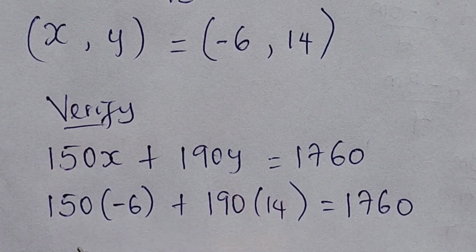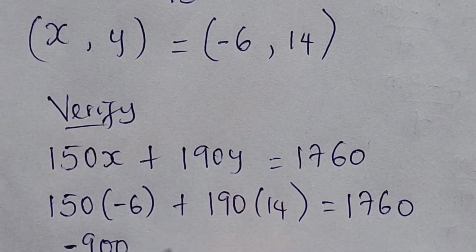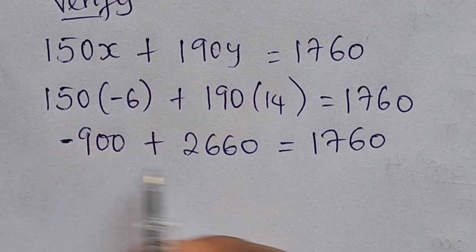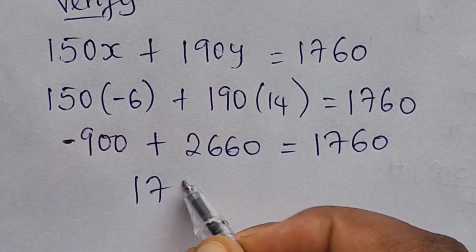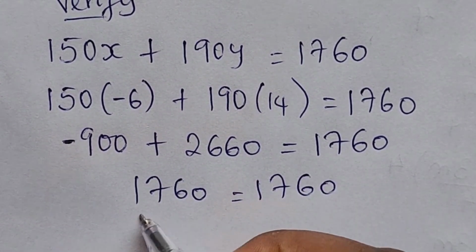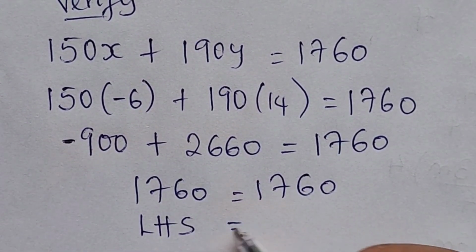So multiplying through, we have negative 900 plus 2660 equal to 1760. So when we add this up, we have 1760 equal to 1760, and the left hand side equals the right hand side.